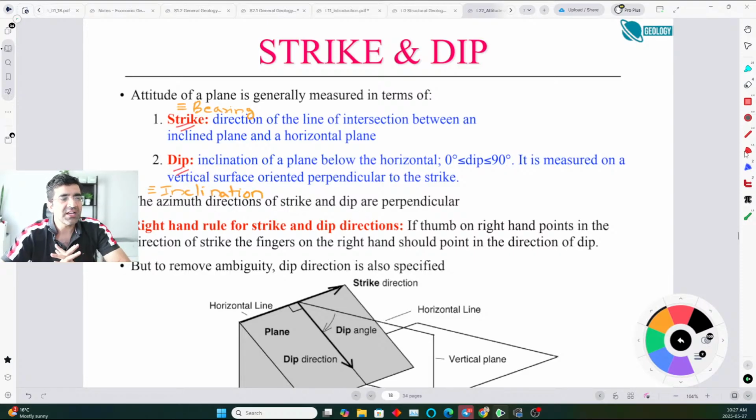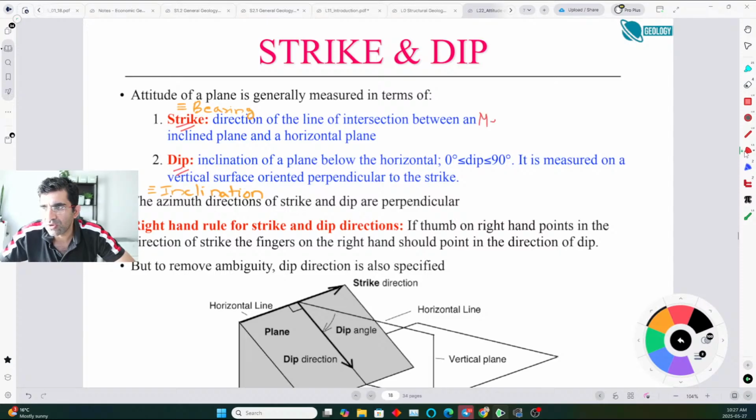If I ask you this question, just based on the fact that strike is the bearing and dip is the inclination, in which plane will you measure strike? Horizontal plane. In which plane will you measure dip? Vertical plane. Strike will be with respect to north, and dip will be with respect to horizontal.